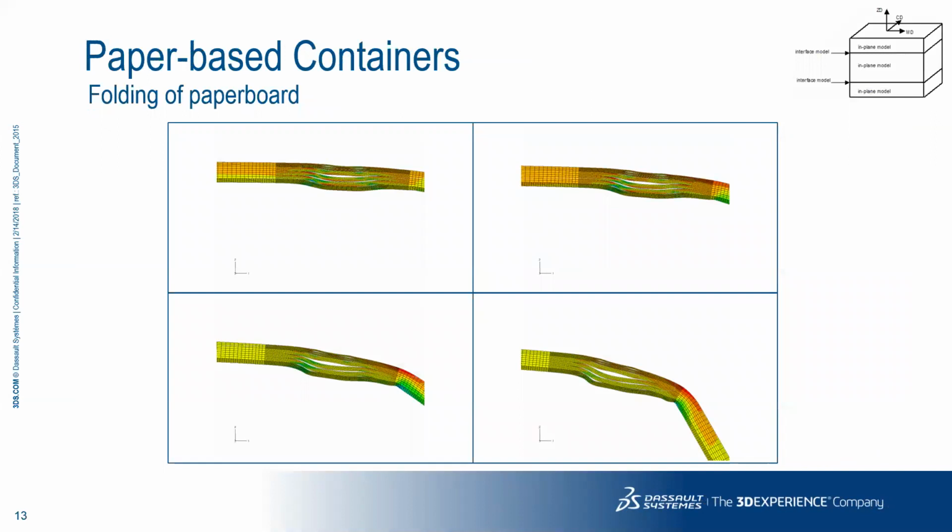Talking more about paper-based containers and the folding of paperboard, here we have four plots which I have put together. If you look at the first plot, what I want to convey is that initially the bending stiffness is proportional to the force you apply. It is what you would expect.